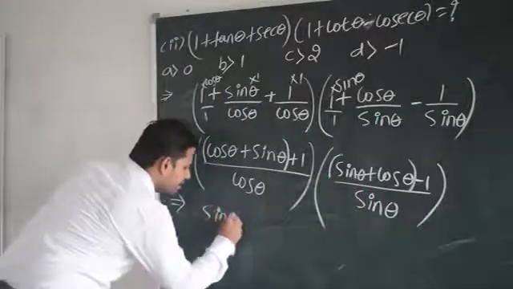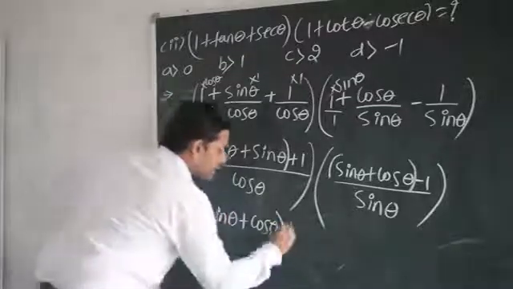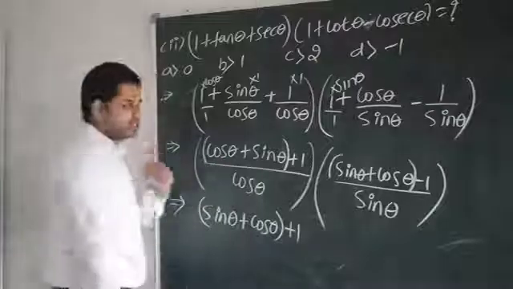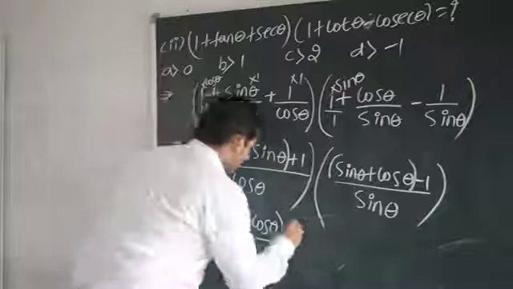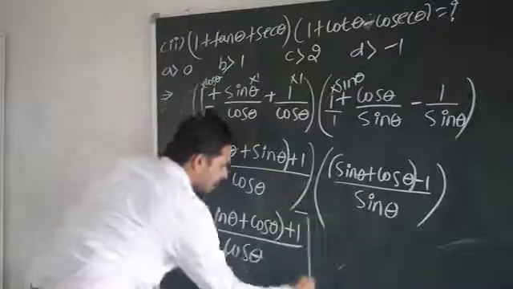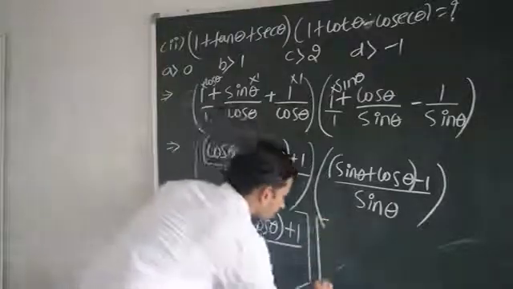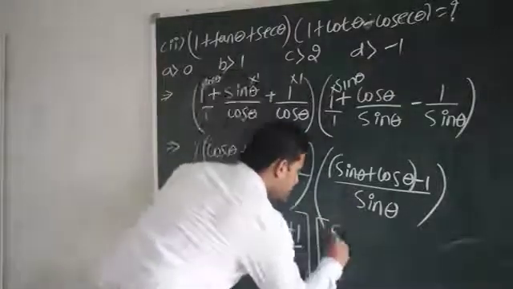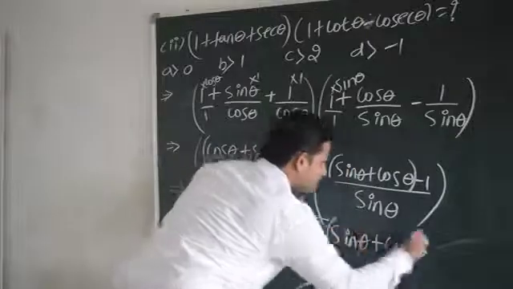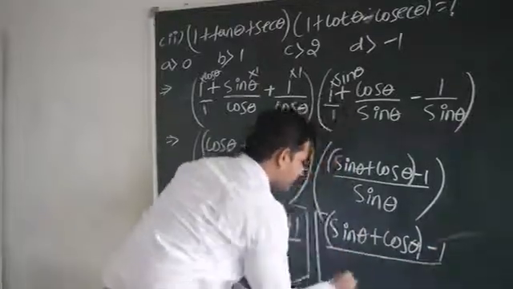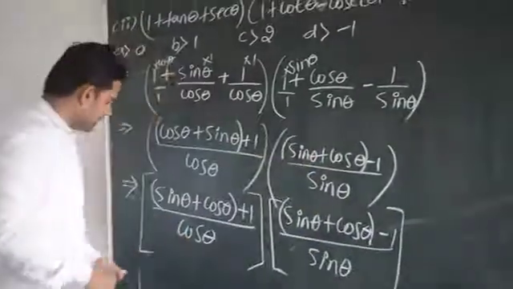Sin theta plus cos theta, let me put it in one bracket, then plus 1, divided by cos theta. This is one square bracket. Just to make you understand, I am writing it in big brackets. Let me put another square bracket: sin theta plus cos theta in one bracket, then minus 1, divided by sin theta. Do you understand what I am trying to write here?